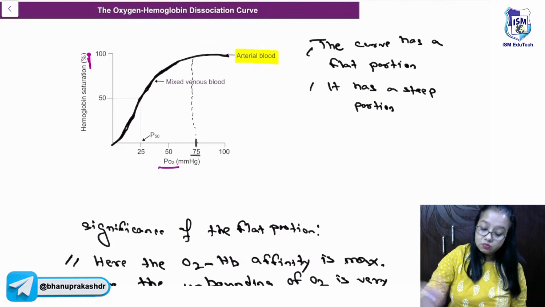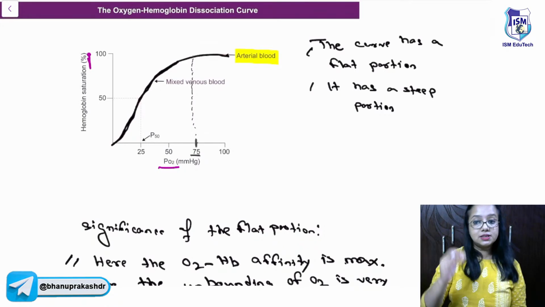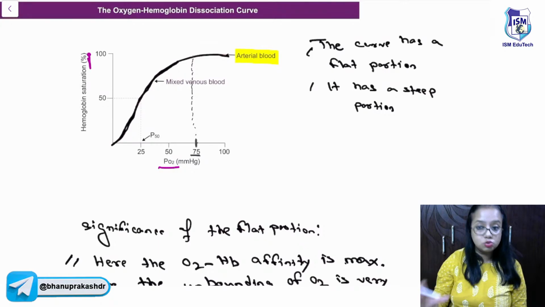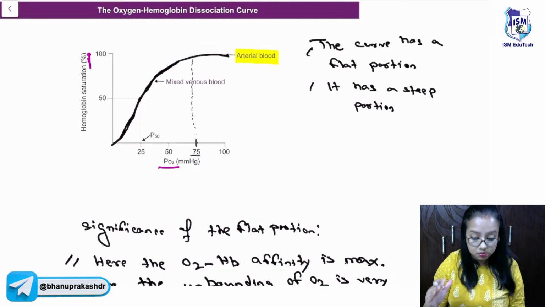So, with a decrease in the partial pressure from 100 mmHg to 75 mmHg, there is no opening up or unloading or unbinding of the oxygen from the hemoglobin.